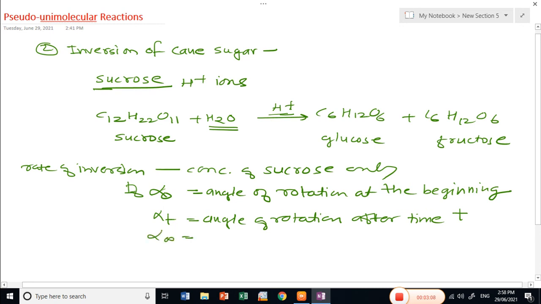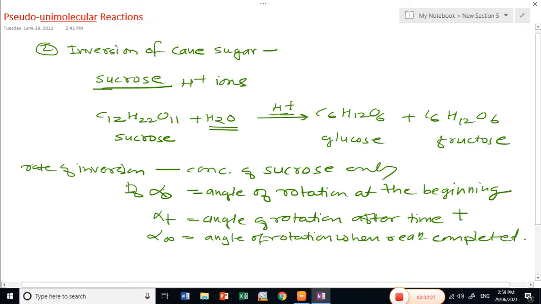alpha infinity is equal to angle of rotation when reaction is completed, that is final reading.